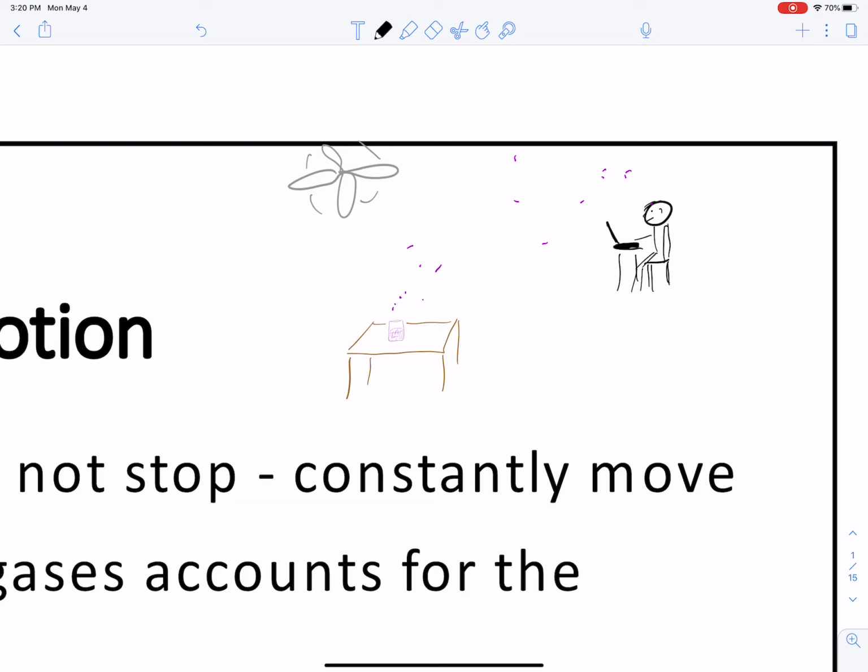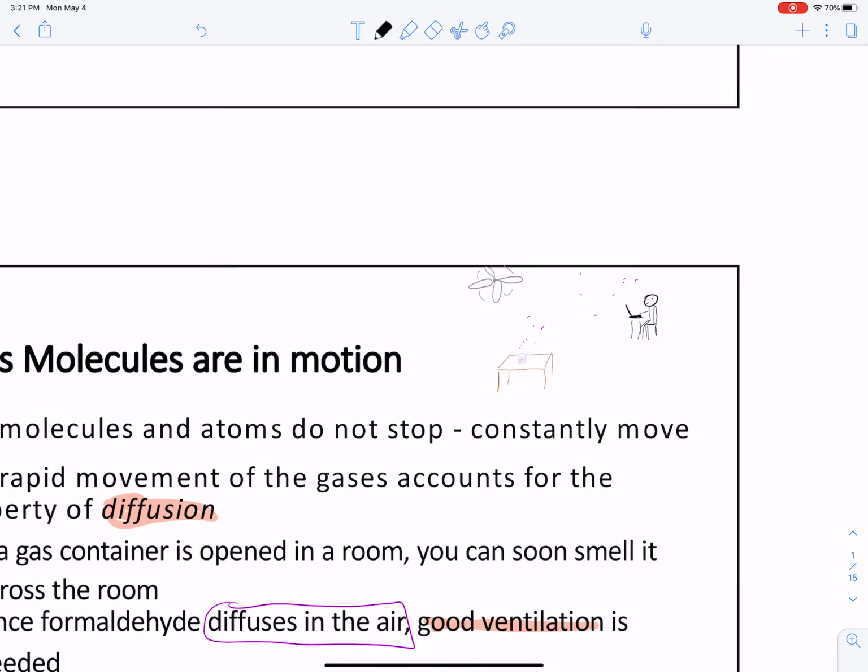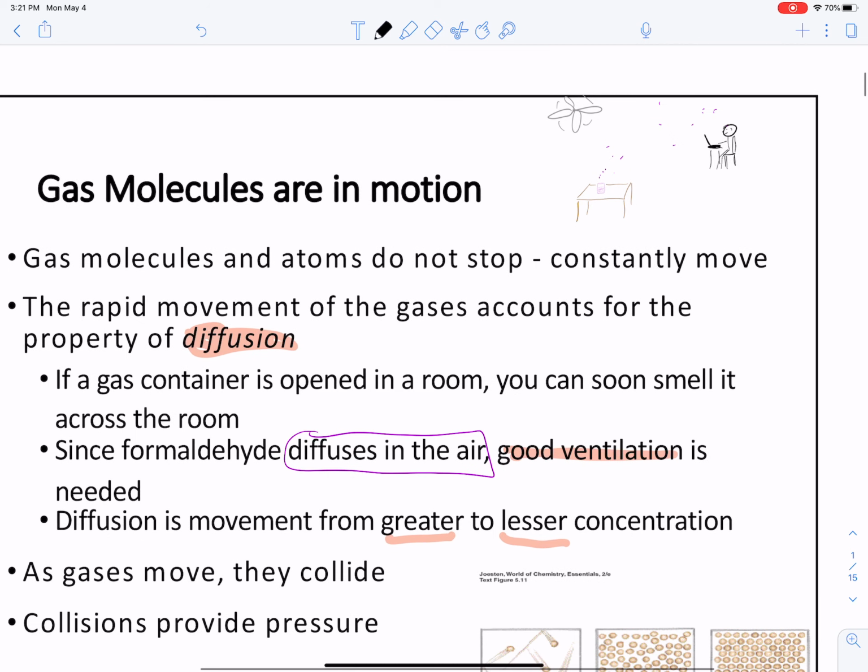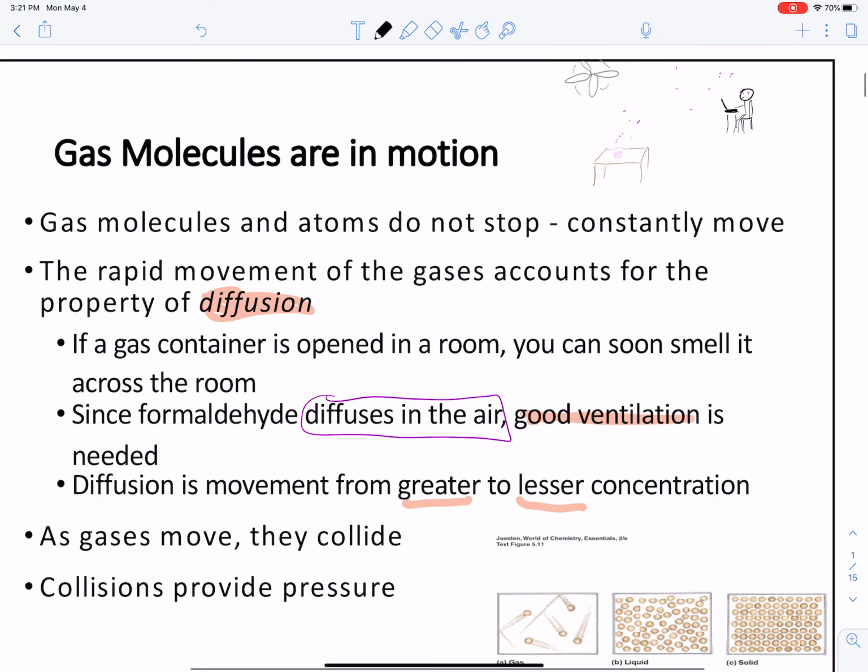Even in the midst of this room where we have an open container of formaldehyde. Now, I would never recommend that you have an open container of formaldehyde because then that's just awkward. Okay? But that kind of illustrates that diffusion. Eventually, that room will fill up with enough of the formaldehyde to cause some negative health effects because the room has less concentration than does the beaker.